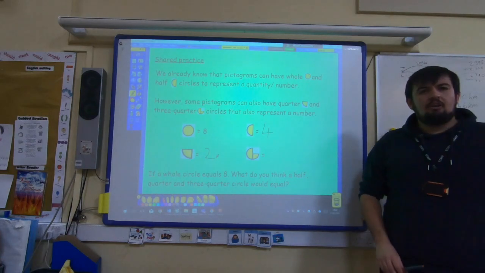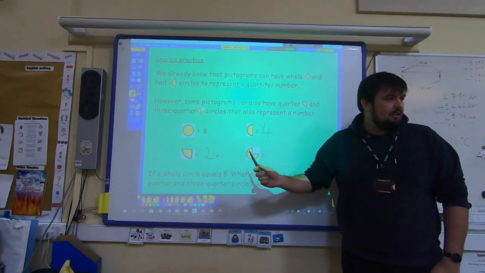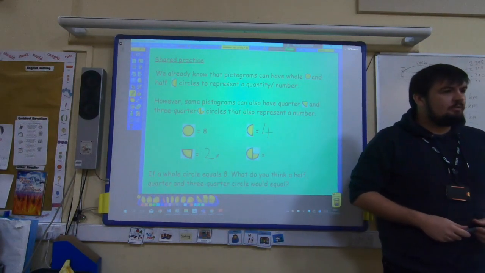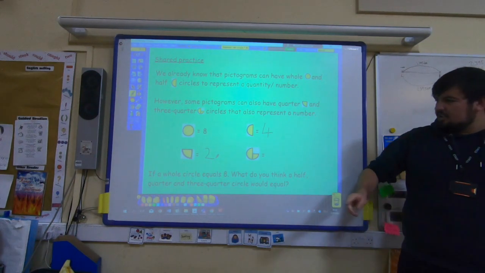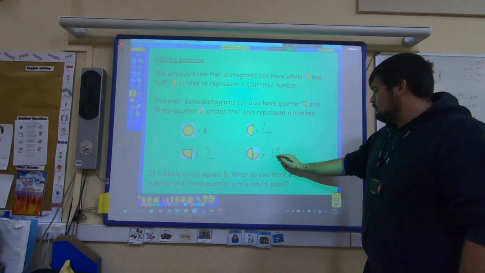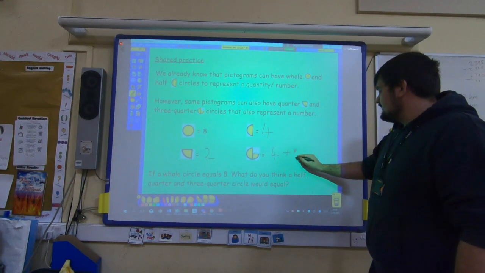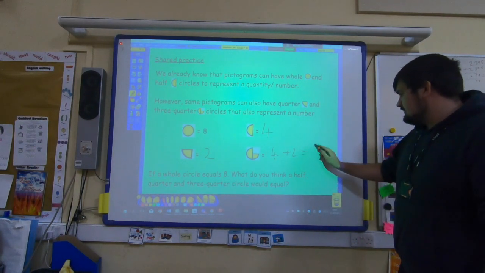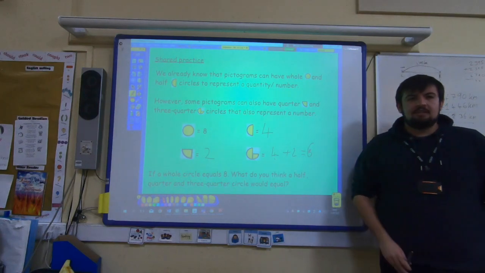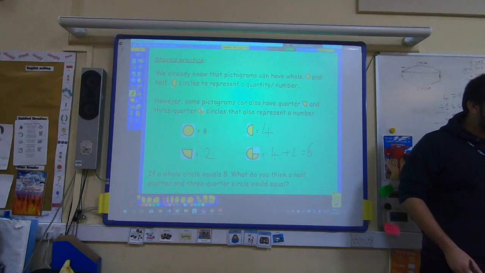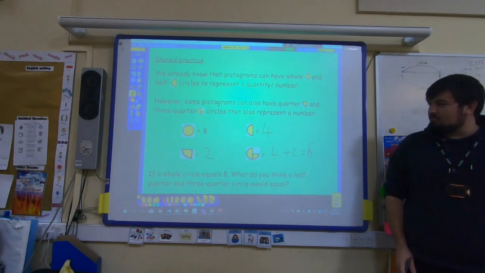Well, if I know what a half circle equals, and I know what a quarter circle equals, I can just add those two together and I'll get what a 3/4 circle equals. So I would have to do 4 add 2, well, 6. So a 3/4 circle would equal 6. Was that hard? No. Was that pretty simple, wasn't it?